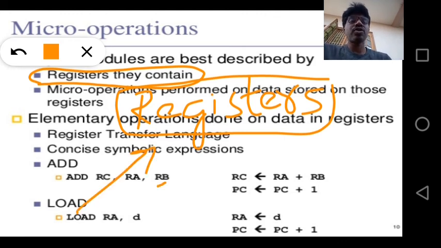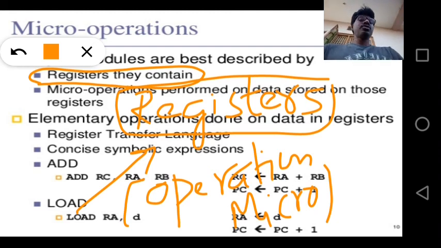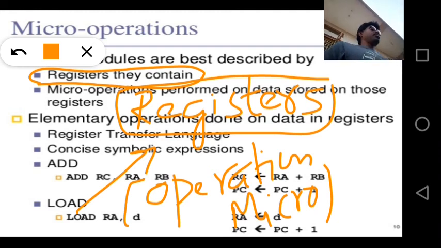The operations that you perform on the registers are called micro operations. So remember, any digital module is best described by how many registers it contains and what micro operations it performs.